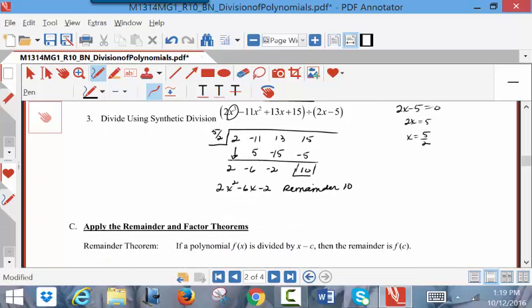To write it as a mixed number, I write 2x squared minus 6x minus 2 plus the remainder 10 over the divisor, which was originally 2x minus 5. That is your answer because the remainder is not 0.